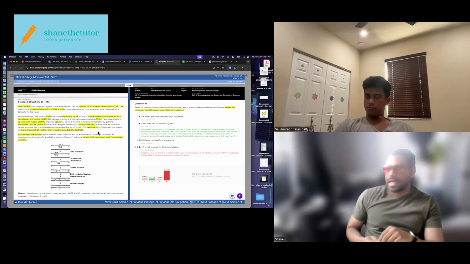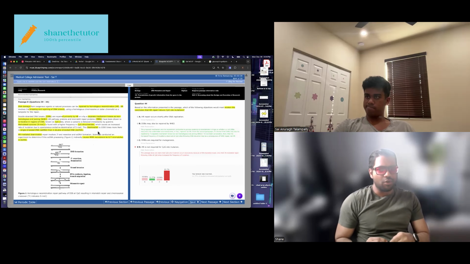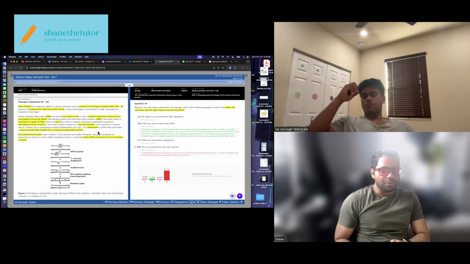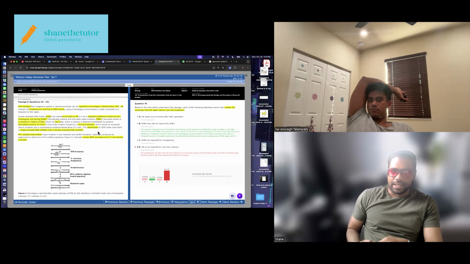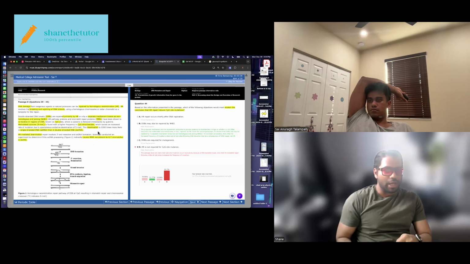Okay, so I guess this is just asking which of the following would weaken the conclusion that HR repair induces CPG site mutations? And the only one that could weaken that conclusion is if you use non-homologous end joining, that could be a way to fix double strand breaks.